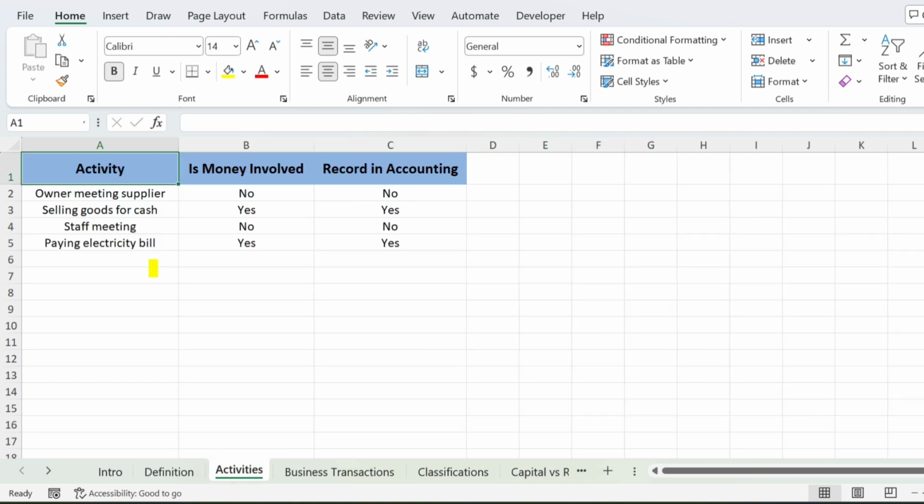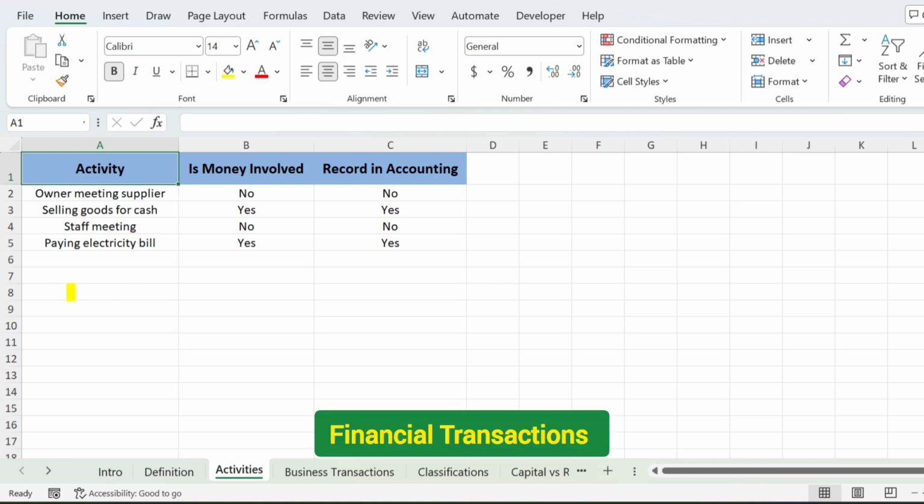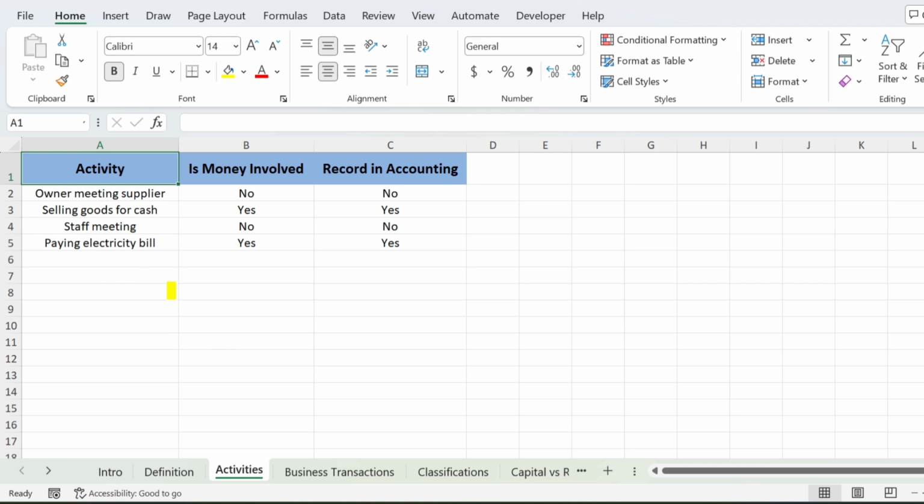Accounting does not record every activity of a business. It records only financial transactions, as we can see from this table. Activity 1: owner meeting supplier. Is money involved? No. Record in accounting? No. Next, selling goods for cash. Is money involved? Yes.